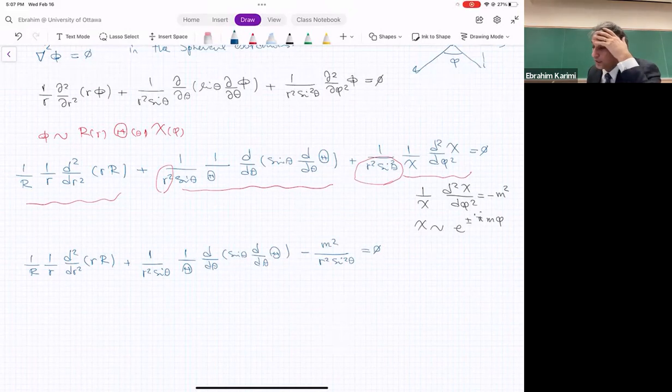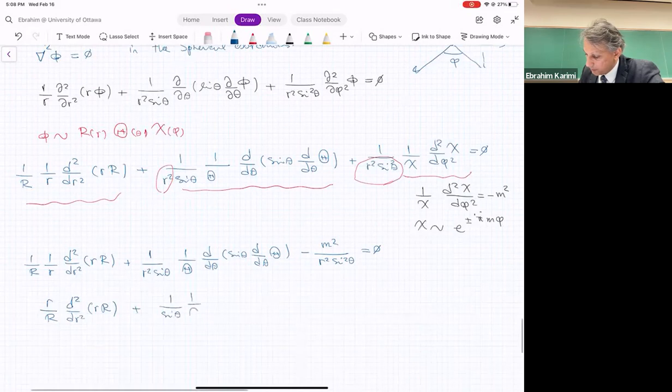I can multiply both sides by r square. Then we get r divided by r capital, d2 dr square of r, plus, that is a function of theta, 1 divided by sine theta, 1 divided by theta capital, d theta sine of theta, d theta of theta capital, minus m square divided by sine of theta equal to 0.